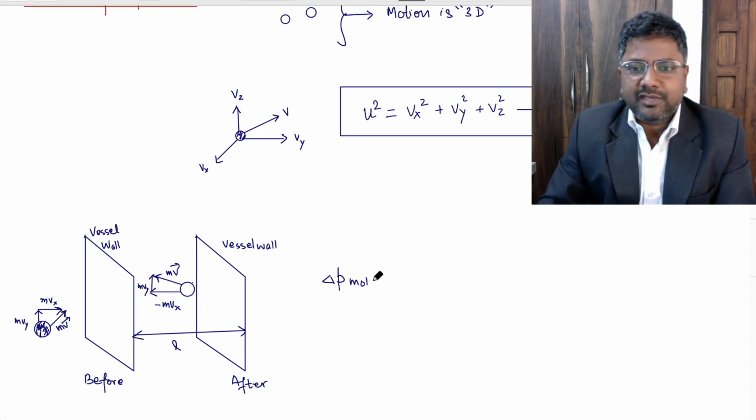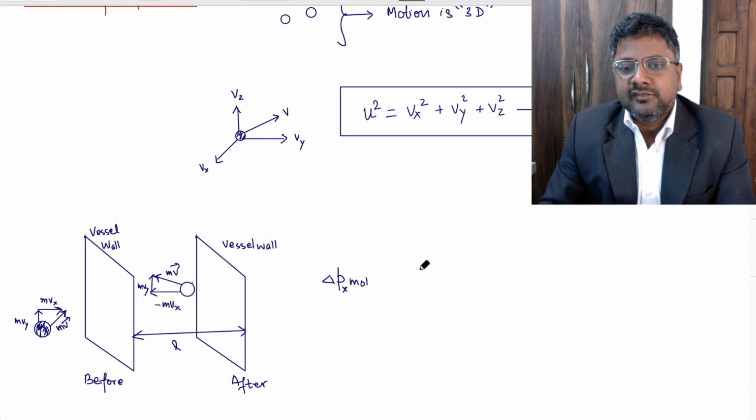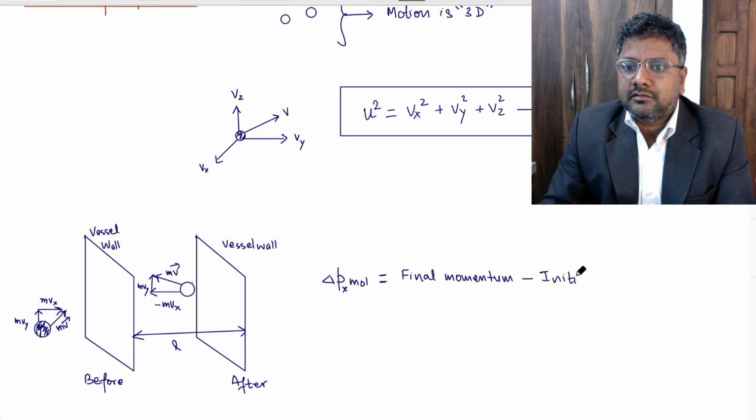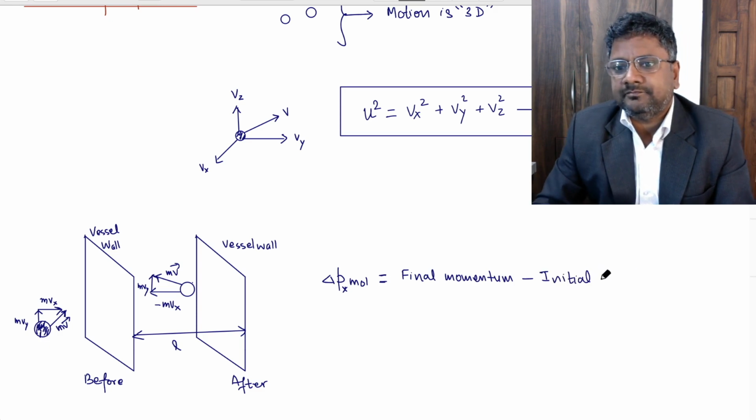So delta Px, I am considering only the X component here. Delta Px of the molecule is equal to final momentum minus initial momentum.